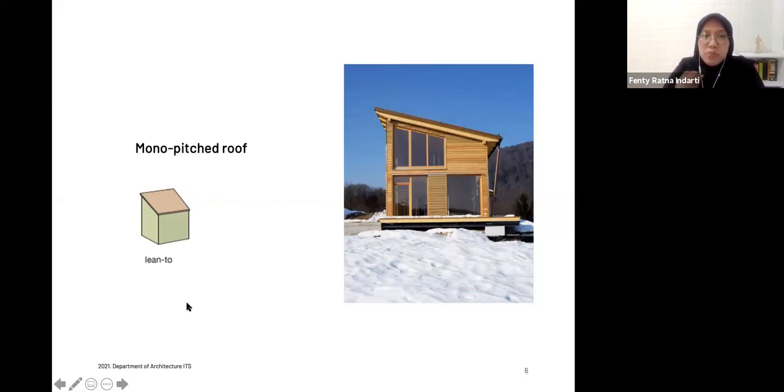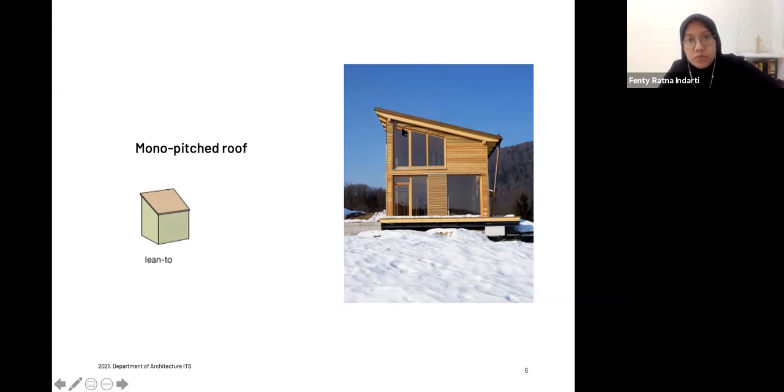Again, if you are talking about mono pitch roof, it's usually applied for a narrow building. It's not that it has a very big width. It's not like that, because imagine if you have a very long building and then you create only one pitch roof, then the area here, for example, if you take a look at an imaginary line here, it will increase and become bigger.